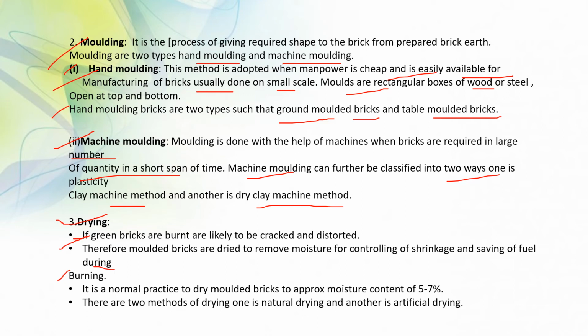It is normally practiced for drying molded bricks to approximately 5 to 7% moisture content. Next point, there are two methods of drying. One is natural drying and another is artificial drying.